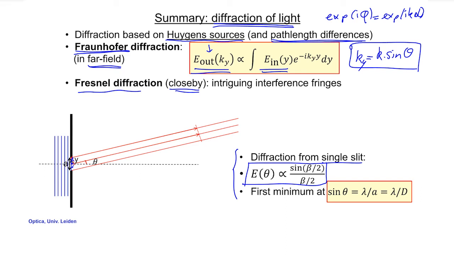And the first minimum in that diffraction field was at sine theta is lambda over d. Whereas if you took diffraction from a circular hole, you obtained a similar expression, but then with a factor 1.22 for a circular aperture. Thank you for your attention.